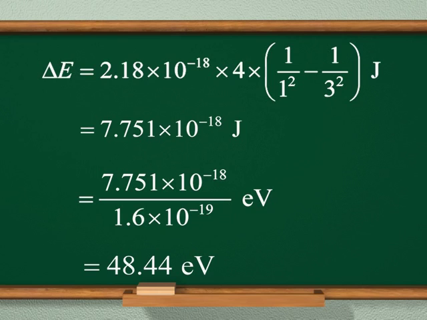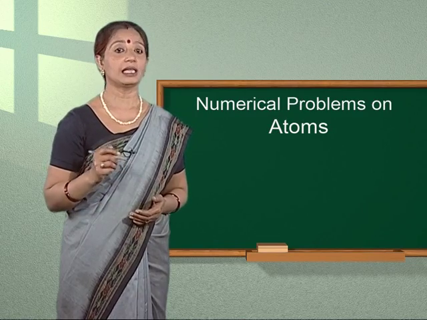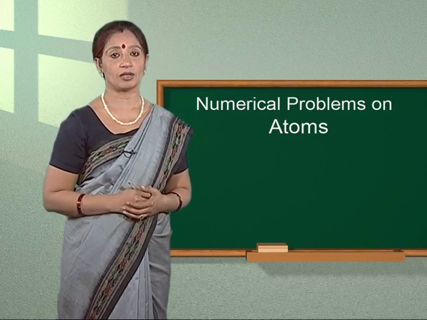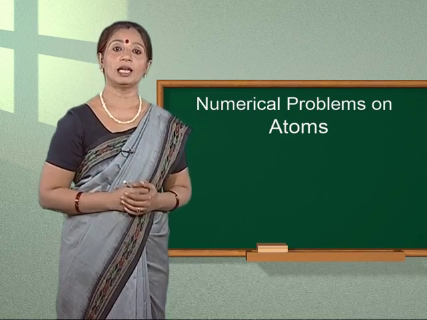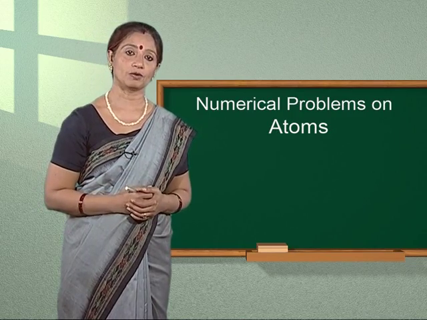Here lithium atom has 3 electrons, out of which 2 are in first orbit and 1 is in second orbit. It means lithium atom is doubly ionized, as 2 electrons are already removed.